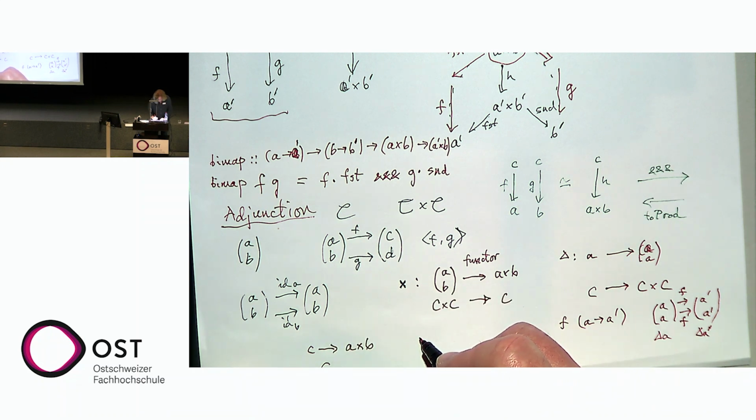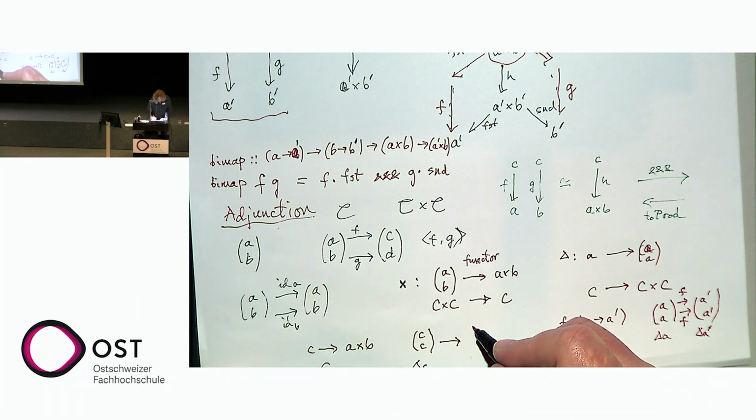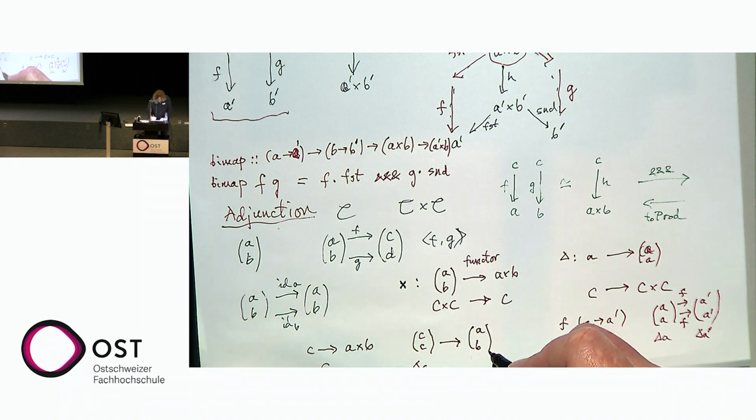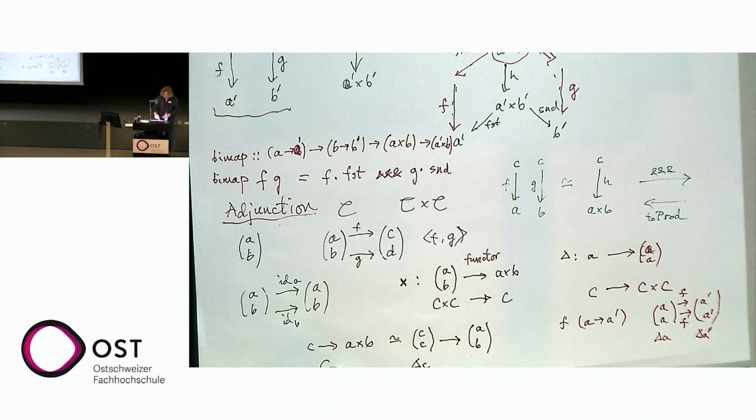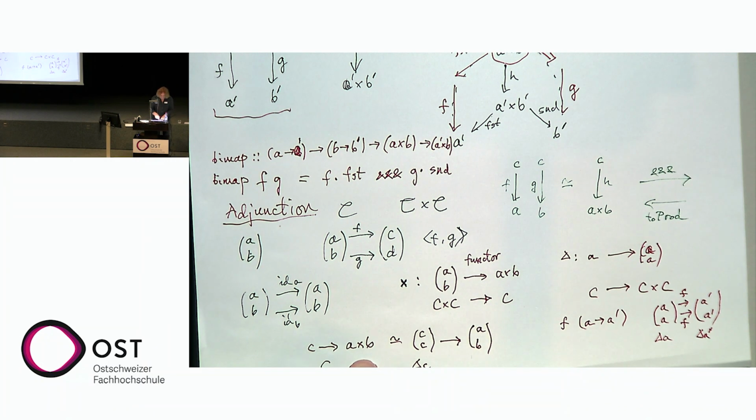And in category C cross C, we go from delta C to A, B. So you have arrows in C, from C to the product.